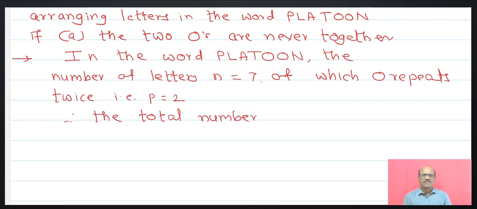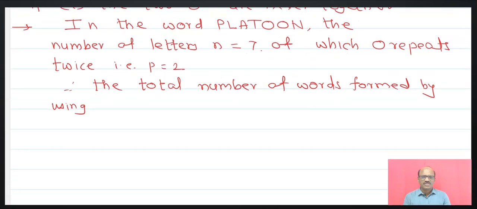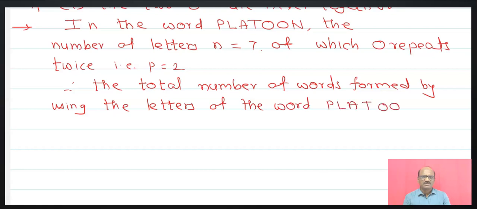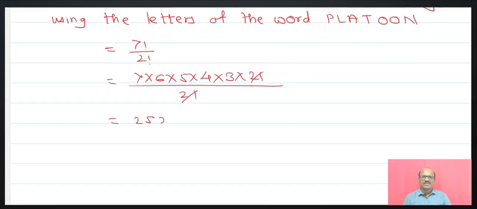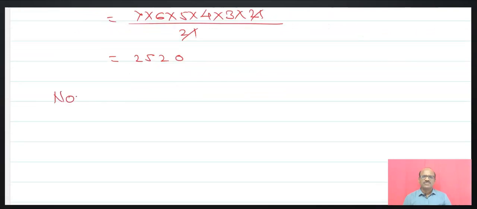Therefore, the total number of words formed by using the letters of the word platoon is 7 factorial upon 2 factorial, that is 7 into 6 into 5, 4, 3, 2, 1, these two get cancelled, and that is equals to 2520.